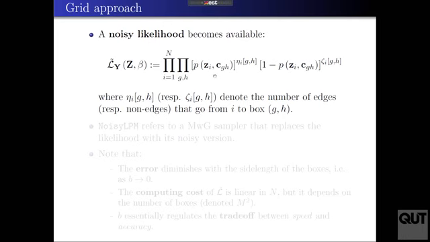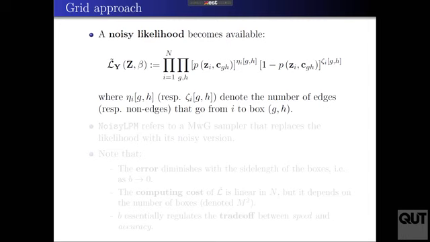Since we're using the same center of the box to approximate many different distances, we're actually grouping up all these p_ij into groups. In each group, the number of same values is given by eta_igh, which denotes the number of edges that go from i to box gh.